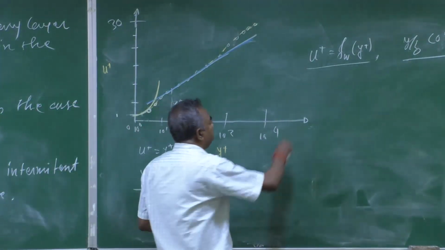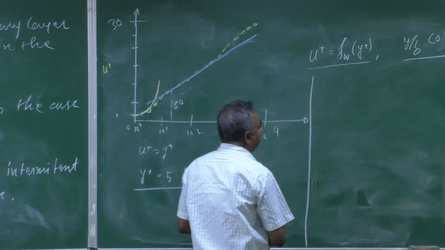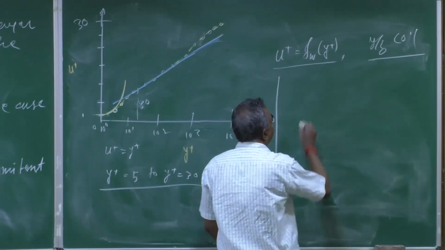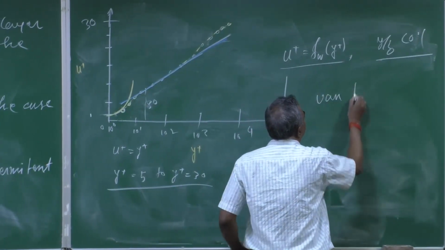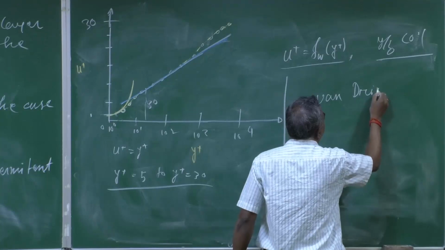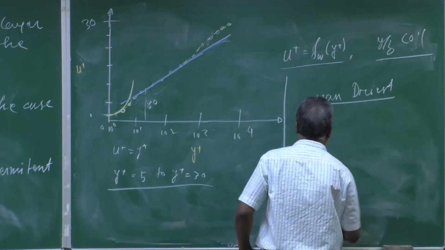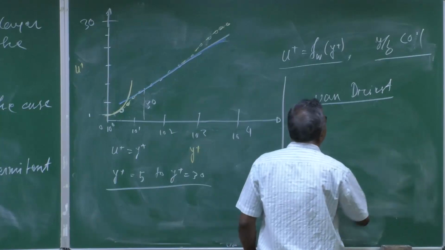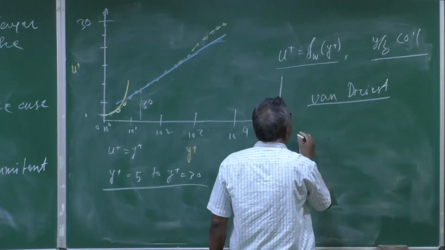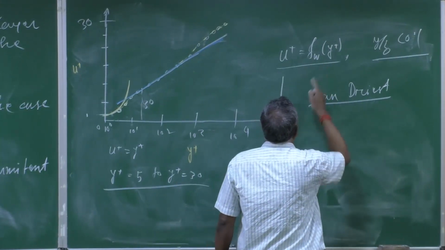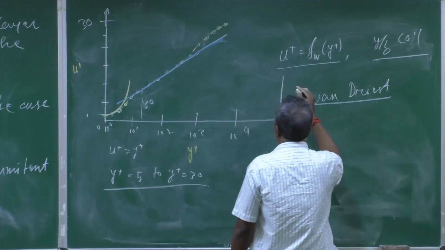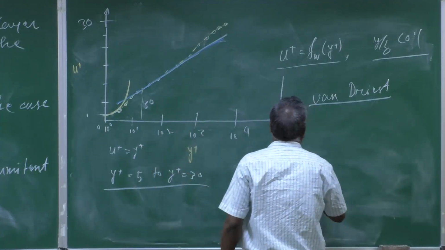That can be argued from Van Driest. Okay. Van Driest argued as follows. Okay. So, u plus is equal to y plus, which holds good in the entire layer.